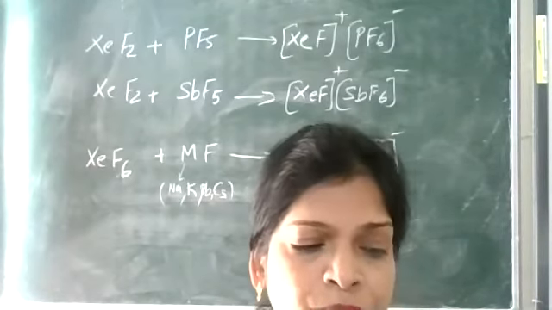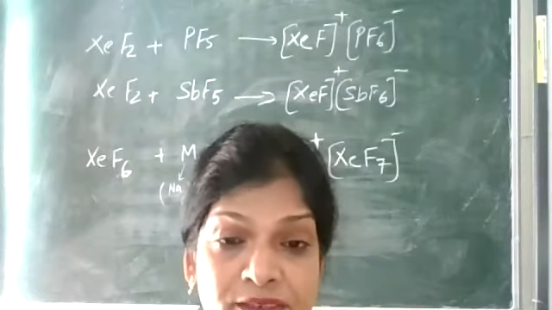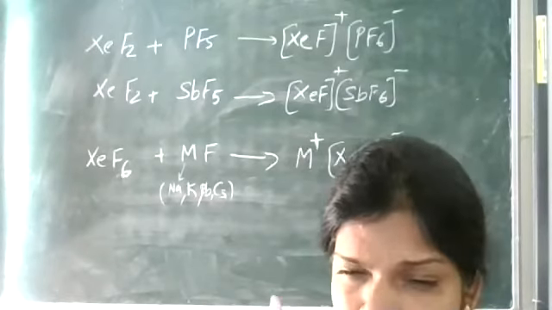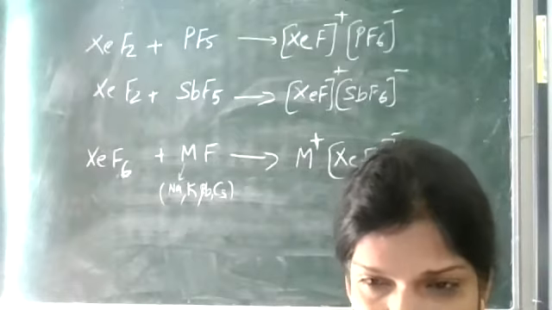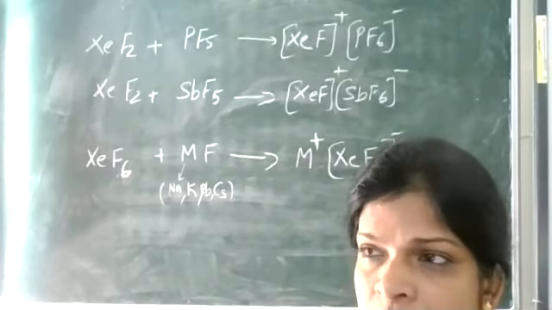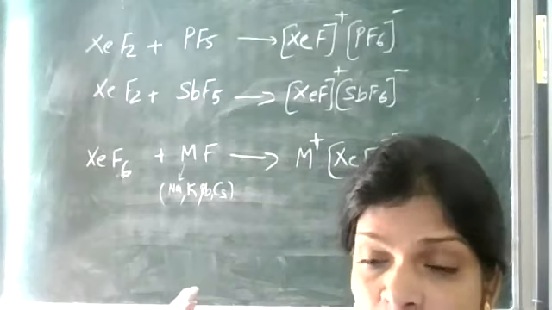Now, one question: no chemical compound of He is known. He has got a complete duplet. It is stable and very small. Xenon, you know, has d orbitals.